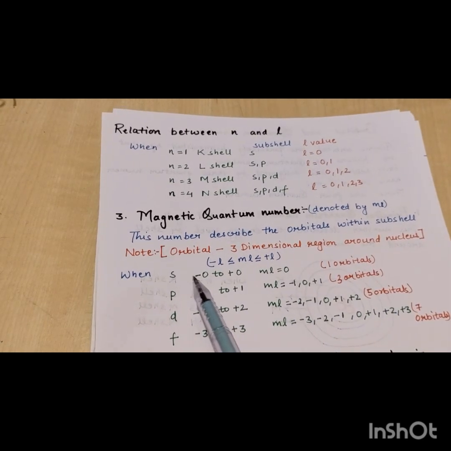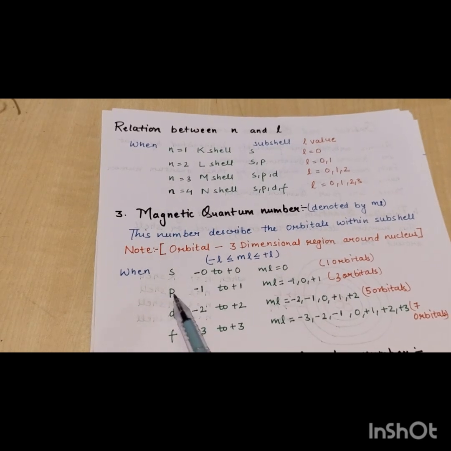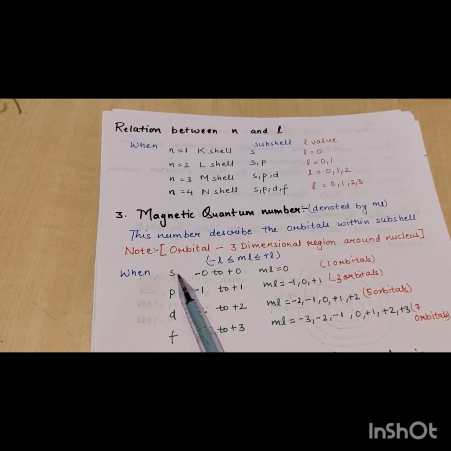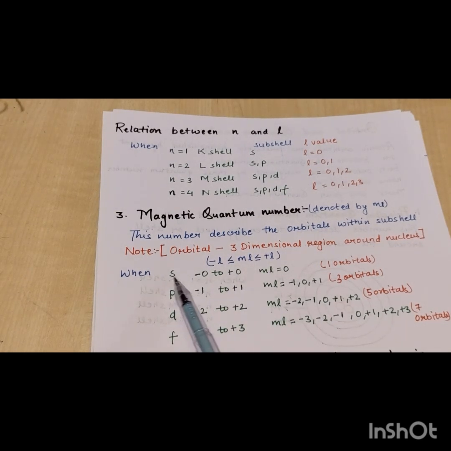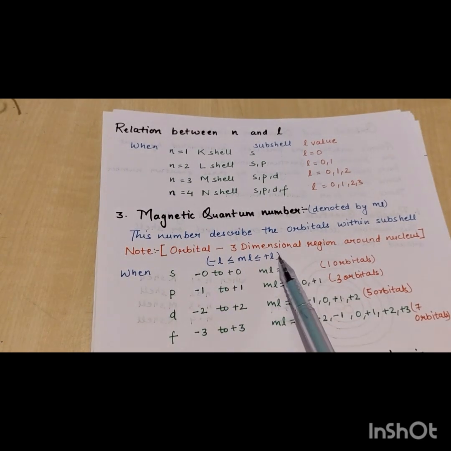Now, here are 4 types of orbital: s, p, d, f. If we denote the magnetic quantum number, for s the l value is 0, which means from -0 to +0, as it is given -l to +l.